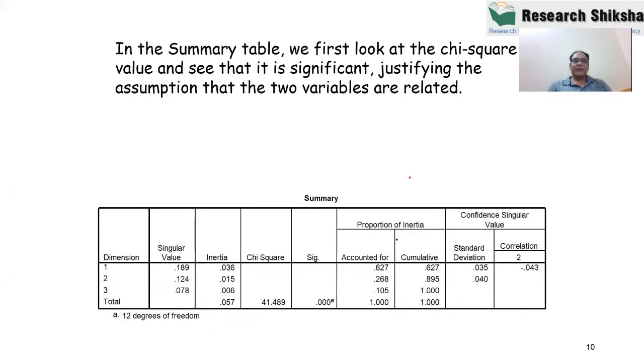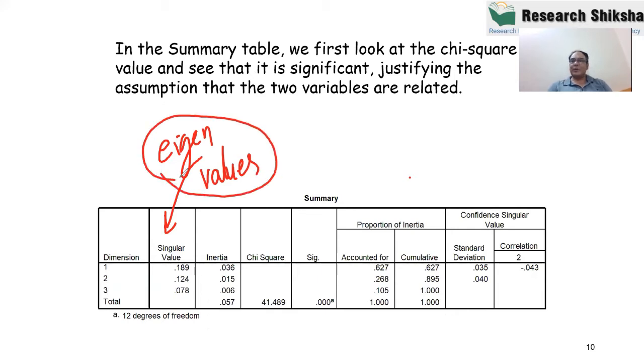So in this table, what are the different values? Let me explain. These values are basically the eigenvalues, and eigenvalues are the roots of the characteristic equation. So it is a mathematical term. I'm not going to discuss the mathematics of it. But it is important to know that these values are known as eigenvalues. The square of these values is known as inertia.